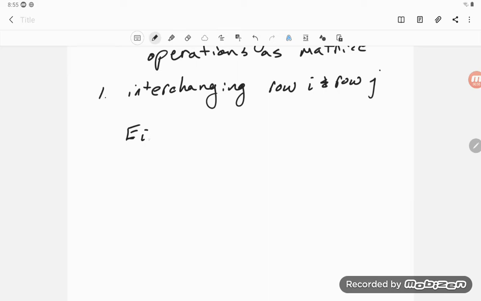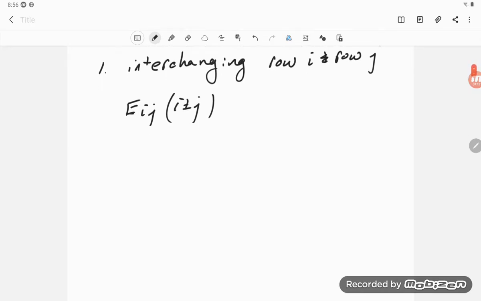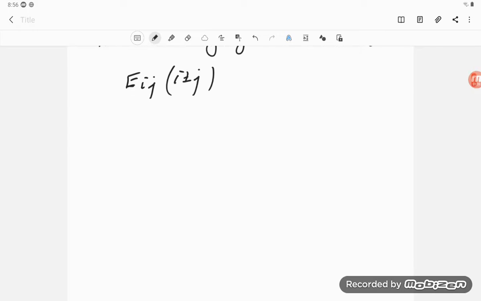So they would call this EIJ, and of course I is not equal to J. So we want to interchange two rows, and that can be done by just starting with the identity. All of these start with the identity.